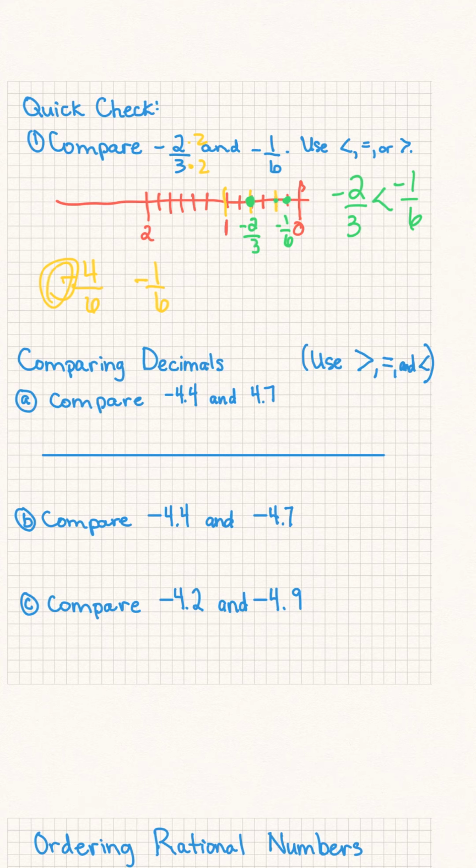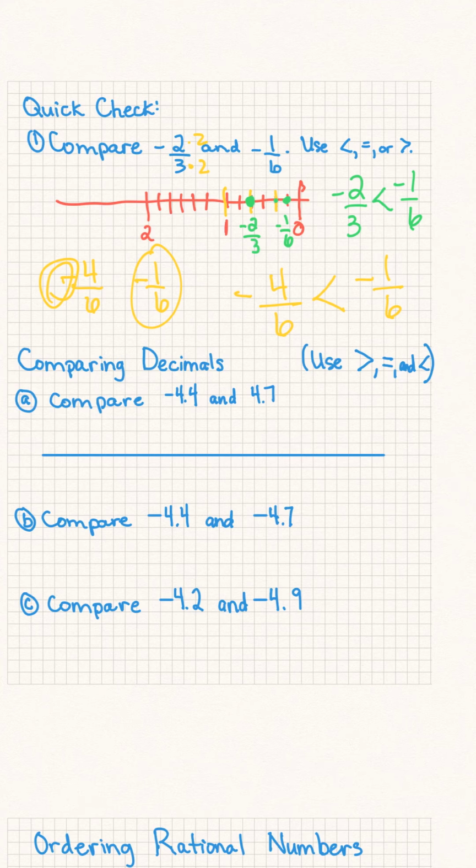Therefore, it's farther away from the number 0 than negative 1/6. So negative 4/6 is less than negative 1/6. It's a little complicated because you're dealing with negatives. So even though 4/6 looks like a bigger number, because it's a negative, it's actually less than or a smaller number.